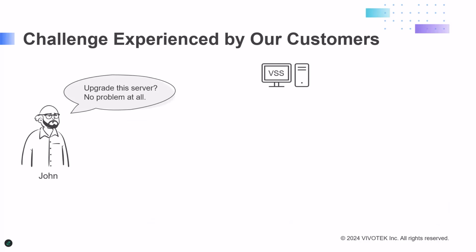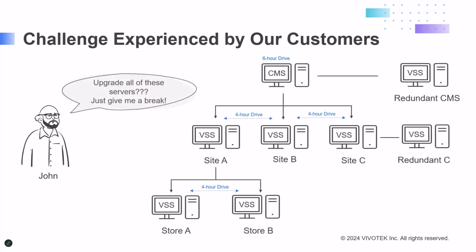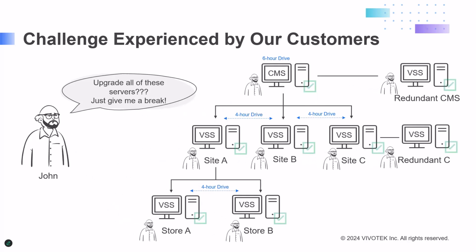If just one server needs to be upgraded, that's not a problem. He takes that 6 hour round trip to go and upgrade that server. But let's say that that server is the CMS for many sites, and there are also redundant CMSs to secure the customer's data. Now John has to drive to each and every location to update each server.